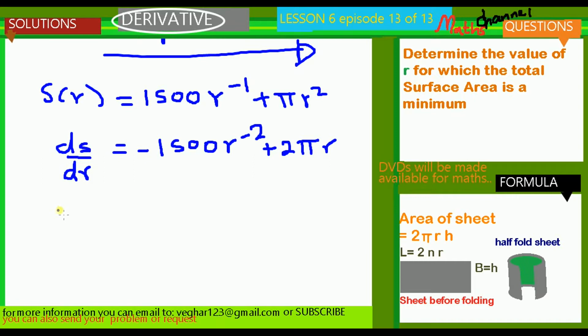For a minimum or maximum, you'll say dS over dr equals 0.